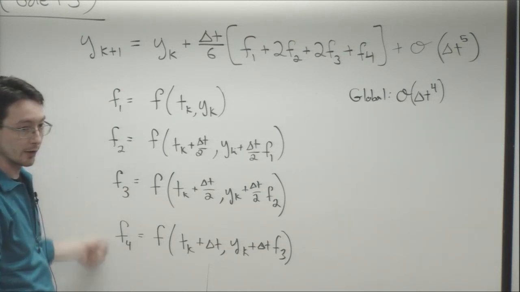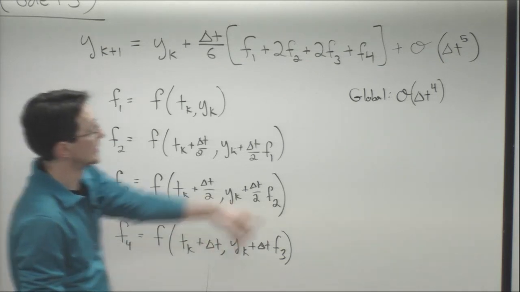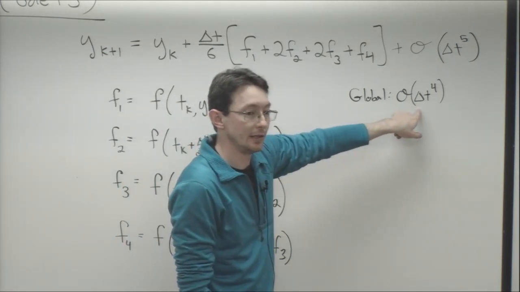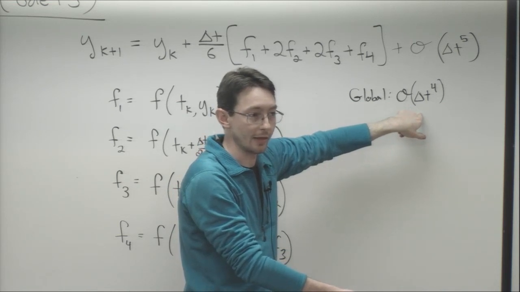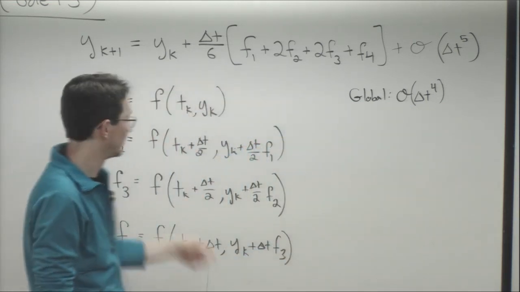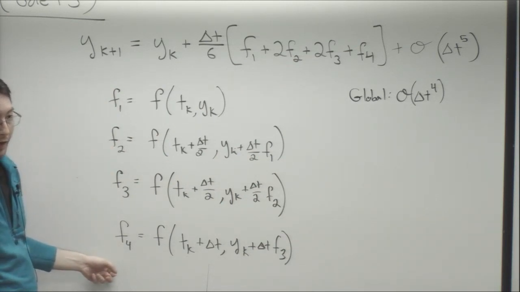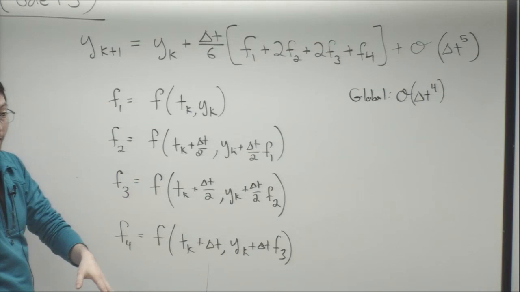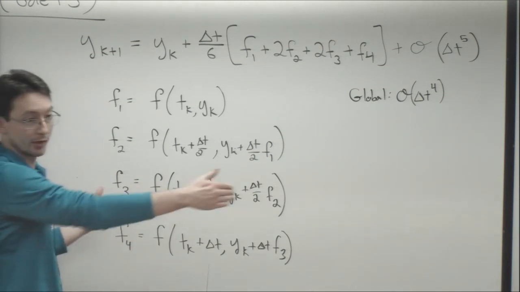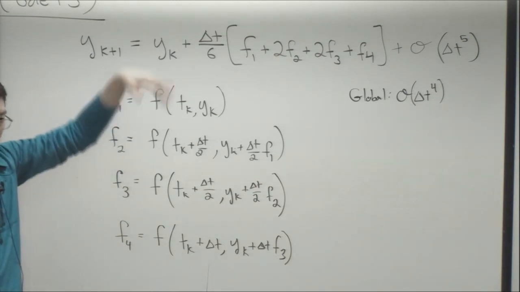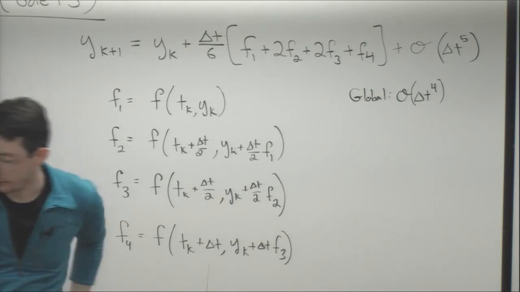So this is 4 function evaluations, whereas forward Euler is 1 function evaluation. But if I had to decrease my dt to 0.0001 for forward Euler, that's 10,000 more time steps. So I'm still doing 2,500 times better in terms of efficiency for the same accuracy. And if I want to be more accurate, it just gets worse and worse and worse. It'll be 2,500 squared times worse. Okay, let's keep moving on.